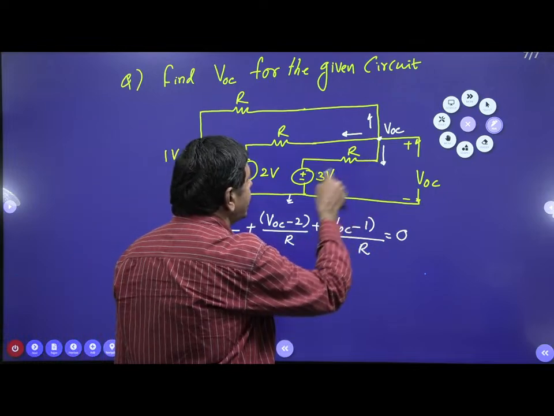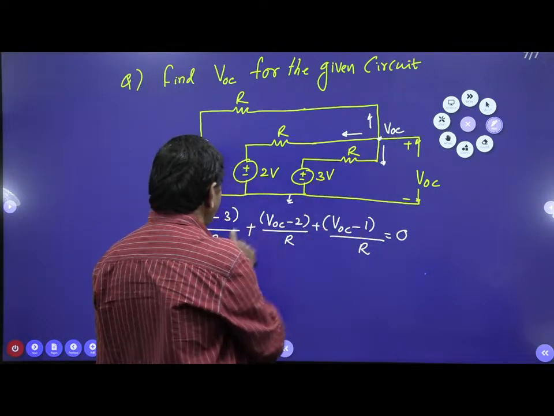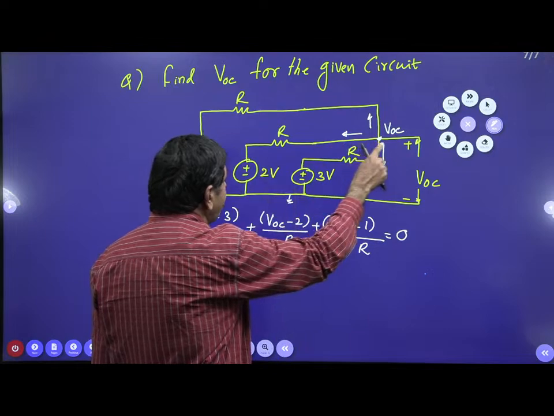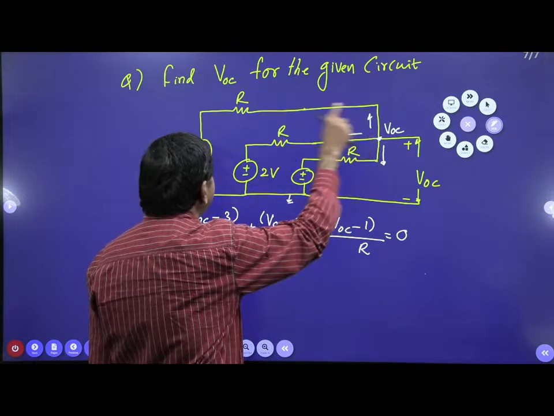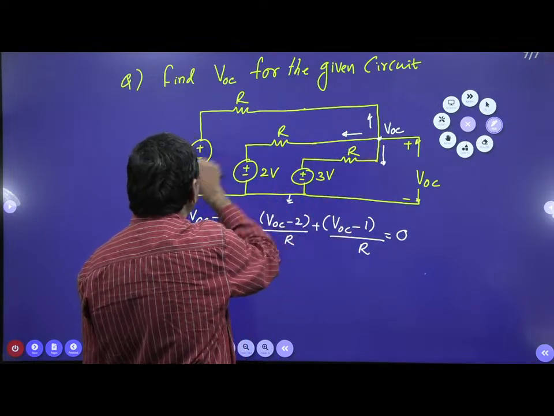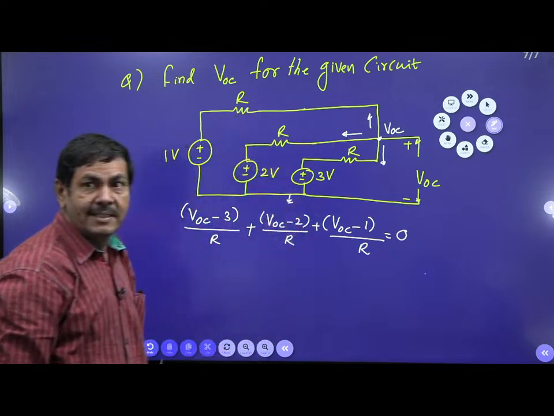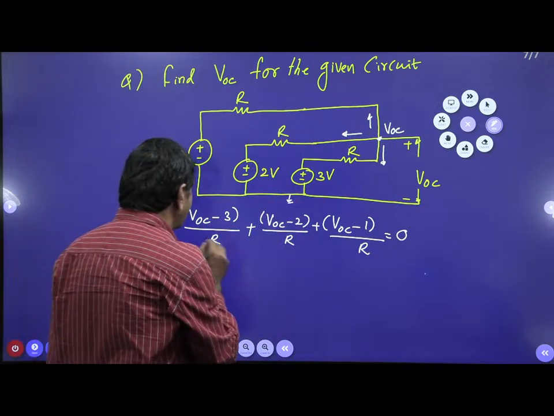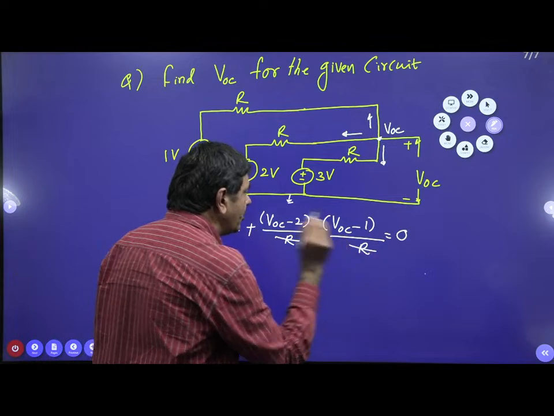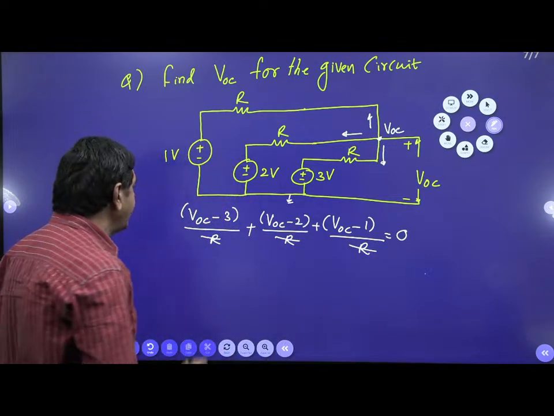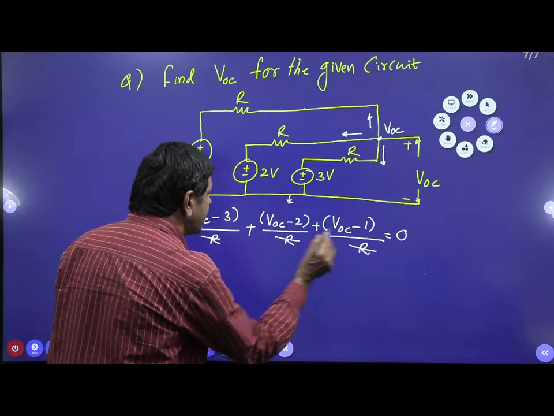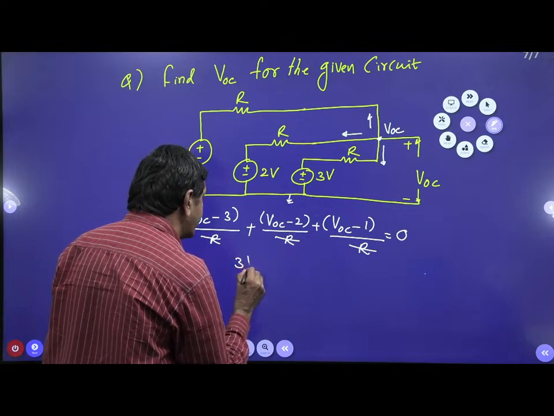This current is VOC minus 3 by R, this current is VOC minus 2 by R, and this current is VOC minus 1 by R. Here we can cancel the R terms directly. Finally we get VOC plus VOC plus VOC, that is 3 VOC, no doubt.